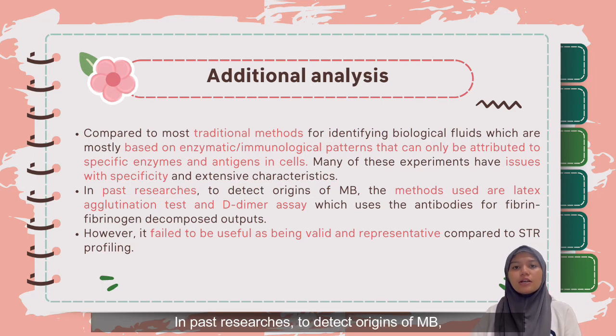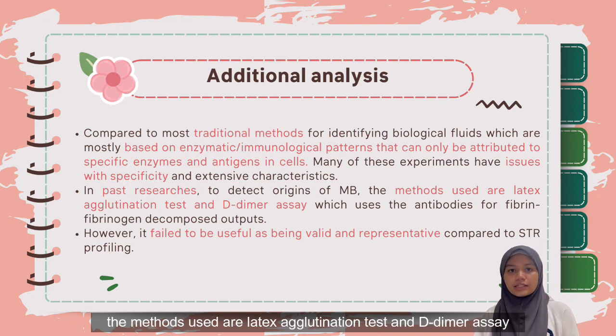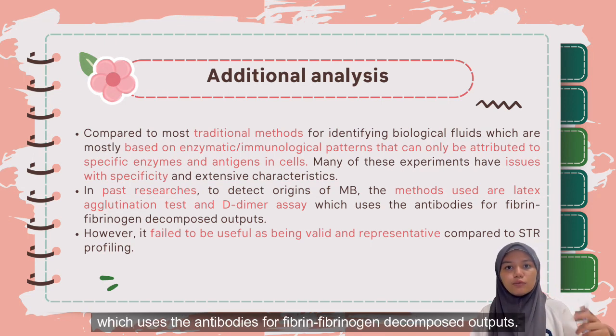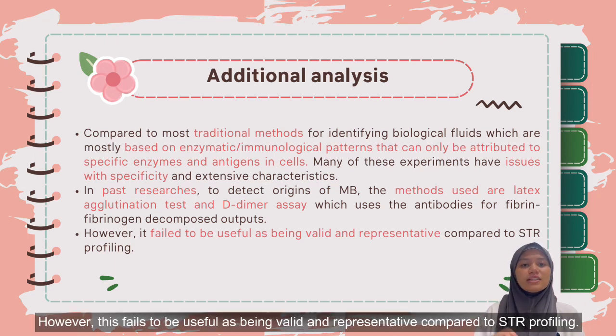In past research, to detect the origins of menstrual blood, the methods used are the latex agglutination test and the D-dimer assay, which uses antibodies for fibrin degradation products. However, these fail to be as valid and representative as STR profiling.